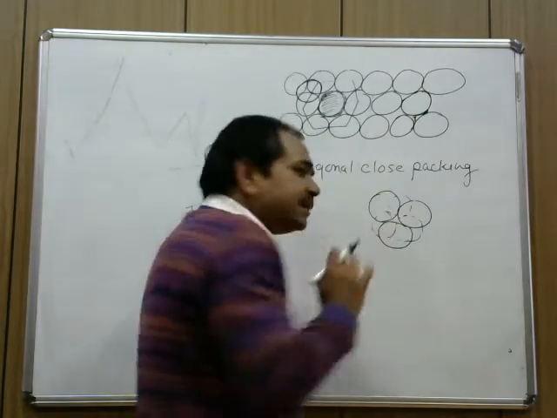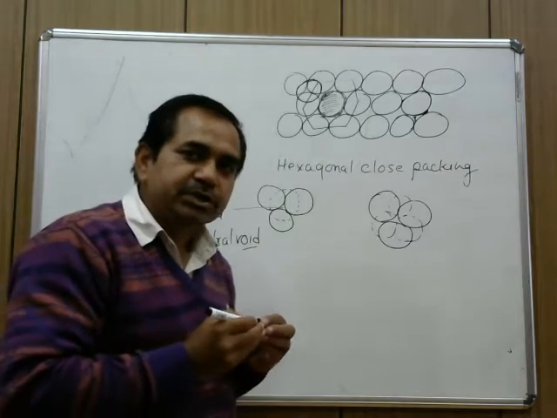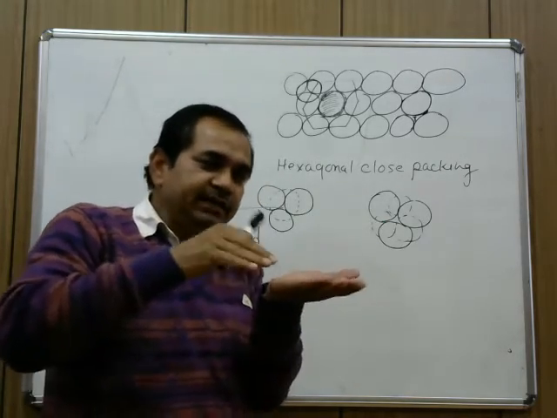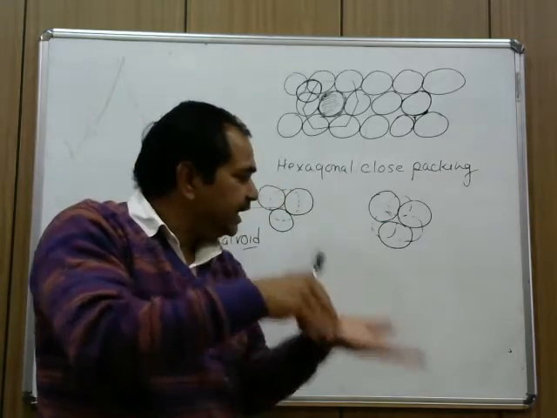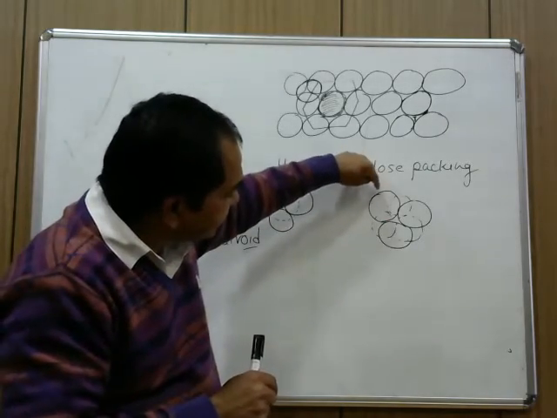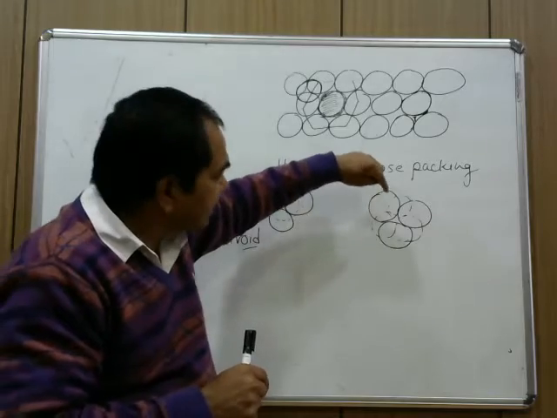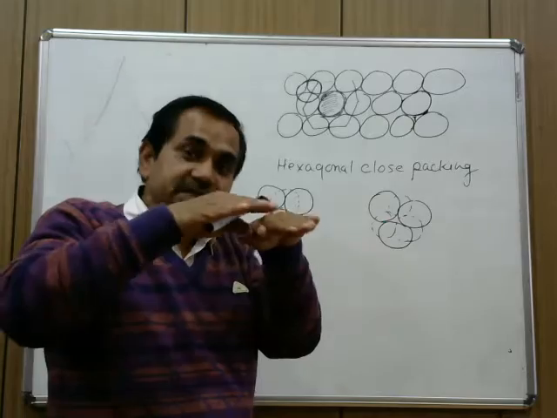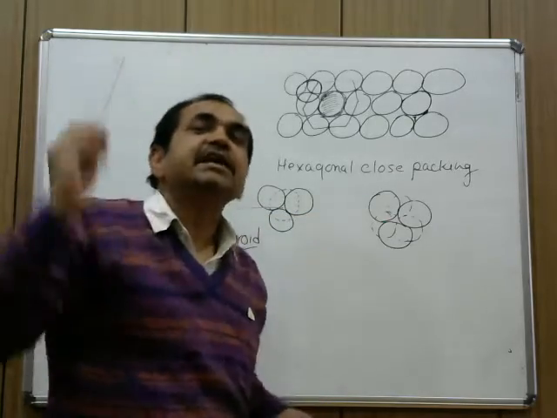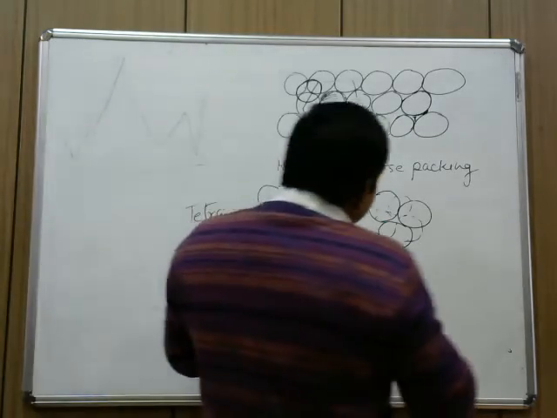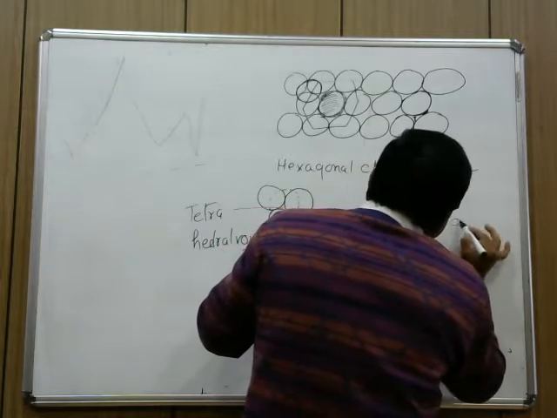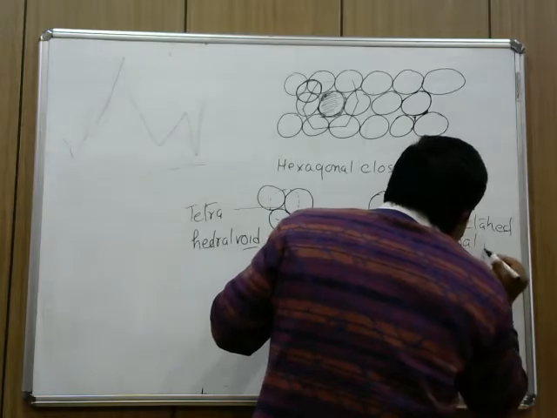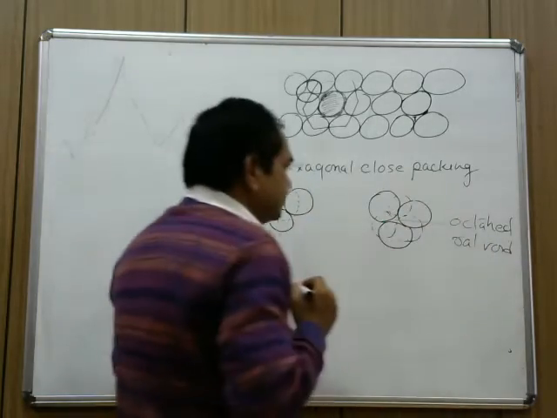And actually here a void is produced which is a combination of two voids. A void which is pointing downwards and is formed by the spheres of the first row, and another void which is formed by the spheres of the second row and points upward. This combination of two voids is called an octahedral void.